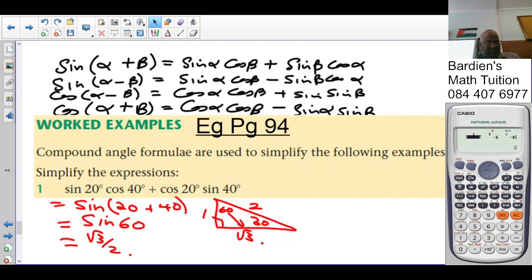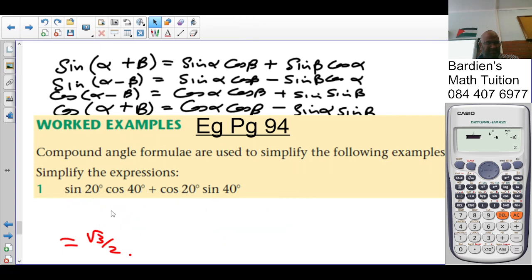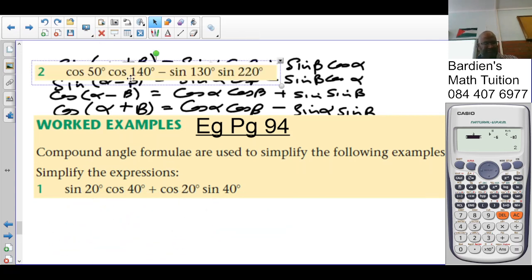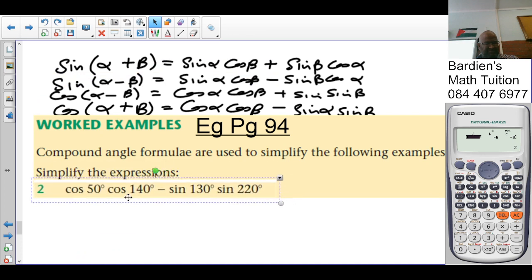Let's look at example 2. Can you all see on the board?